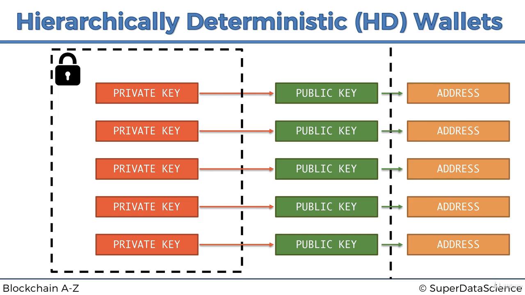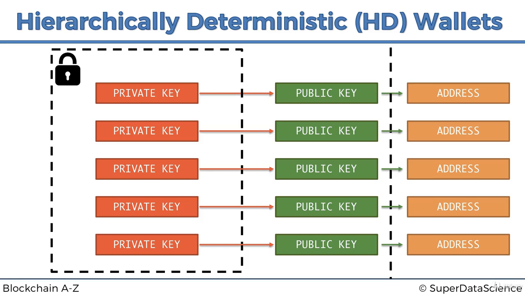Thankfully they're huge numbers, so we can think that there's an unlimited number of these public keys and addresses. We can generate as many as we want, but it becomes very tedious keeping track of things, and also keeping these private keys safe and secure, and knowing where they're written down and things like that.